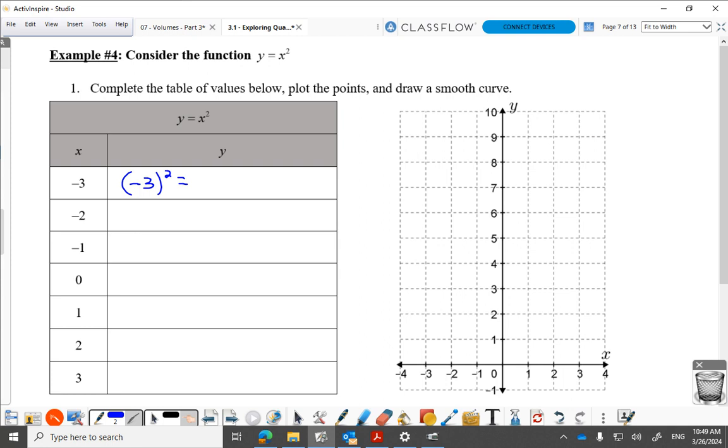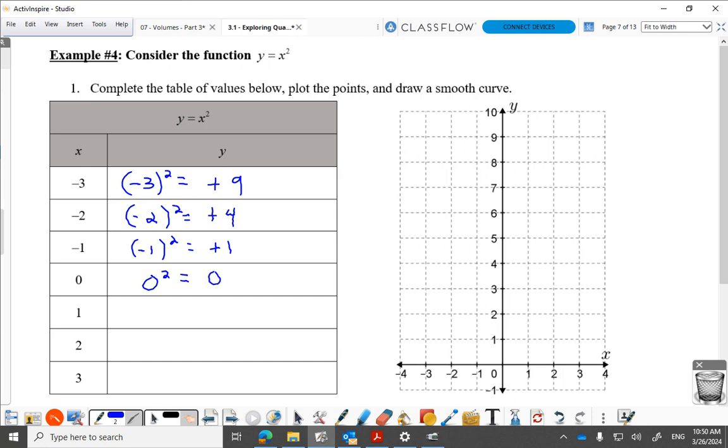Positive 9. So you don't have to write positive, but I'm going to write positive because I'm teaching this going, look, when you square negatives, you get positive. That's important in understanding the structure of parabolas. So then if I do negative 2 squared, I get positive 4. If I do negative 1 squared, I get positive 1. And if I do 0 squared, well, hopefully 0 squared is not a difficult one for you.